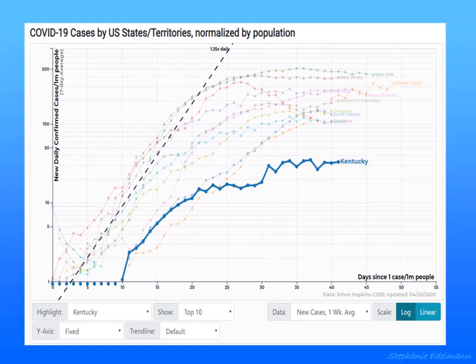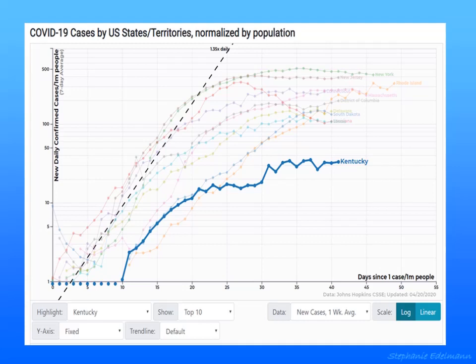I want you to look at a couple of those now, because I think it's interesting to see how you can make data look different just by the way you present it. You have to be very careful when you're looking at how people represent data, because if they want to make a point, they can represent data in one way or another, and the same data looks very different.